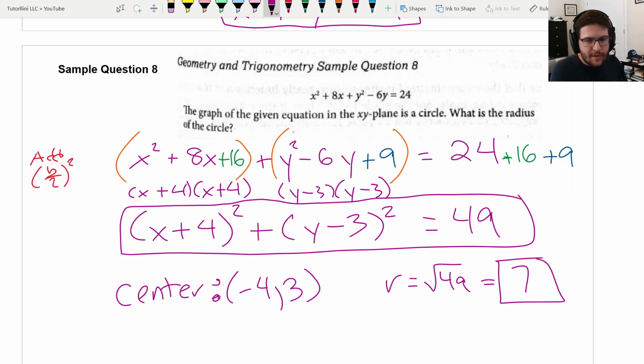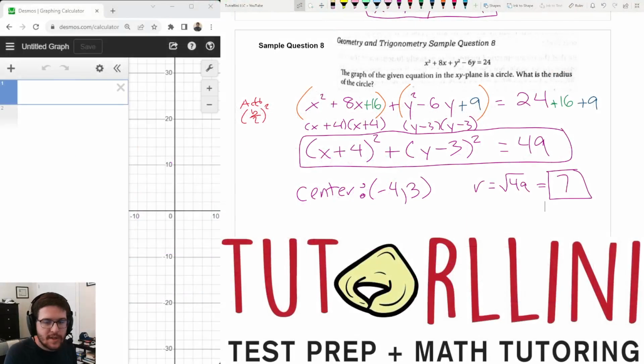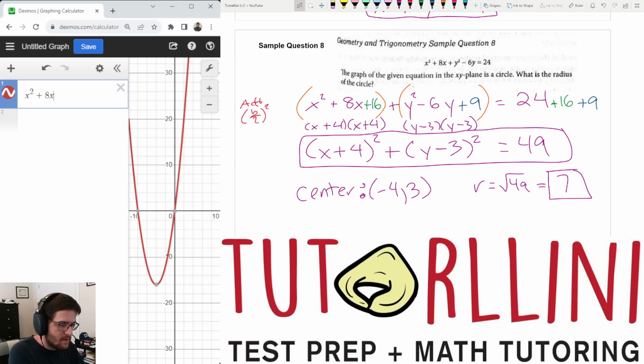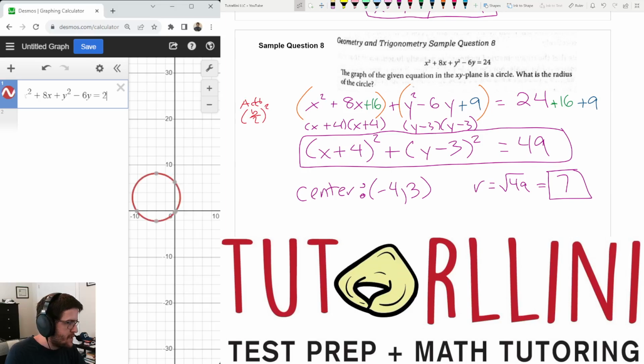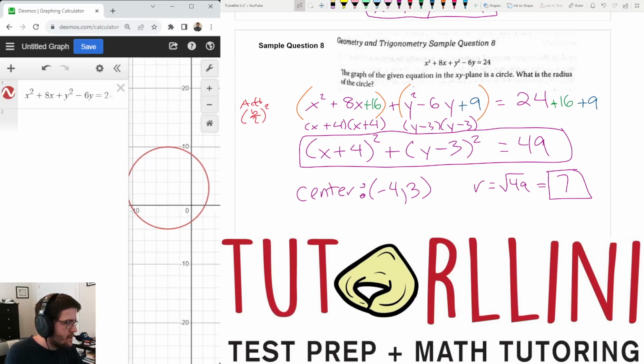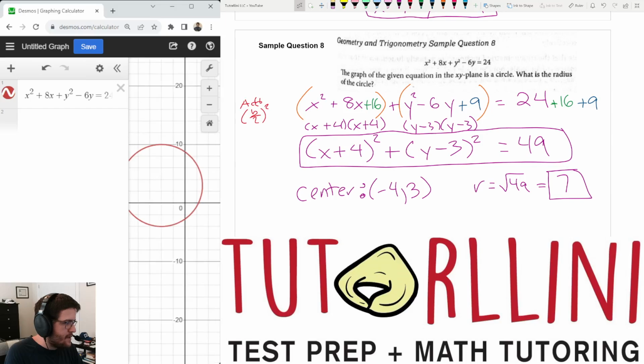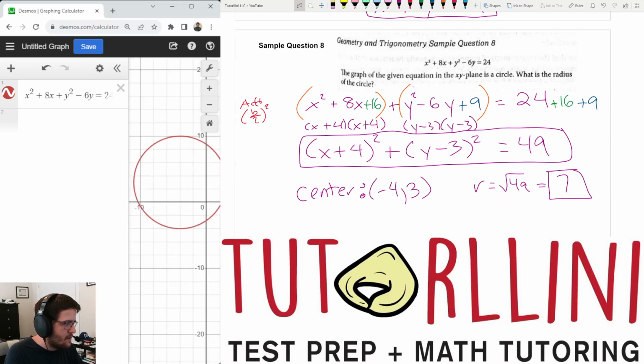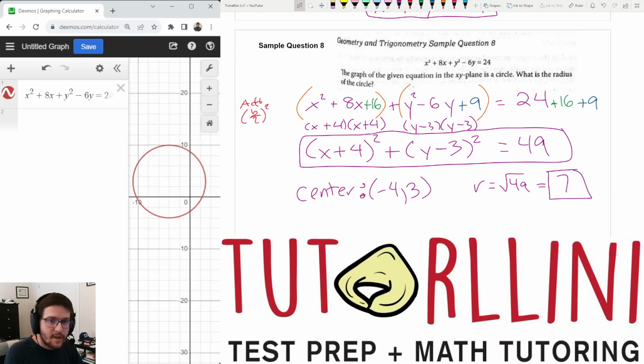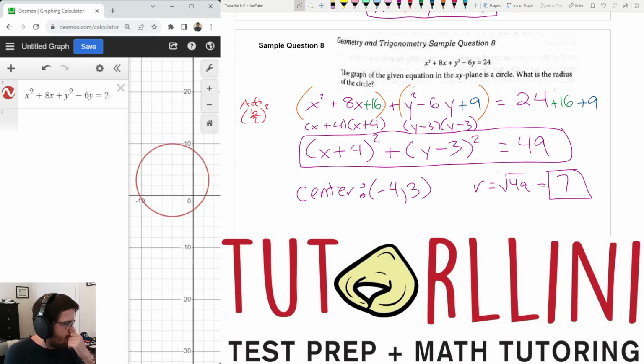This is one of the only questions we've done so far where I actually think Desmos might help a little bit. So let's take a look. I'm just going to type in the original equation. Hopefully I did a good job. You can kind of plot the north and southmost points, and I'm going to label them.